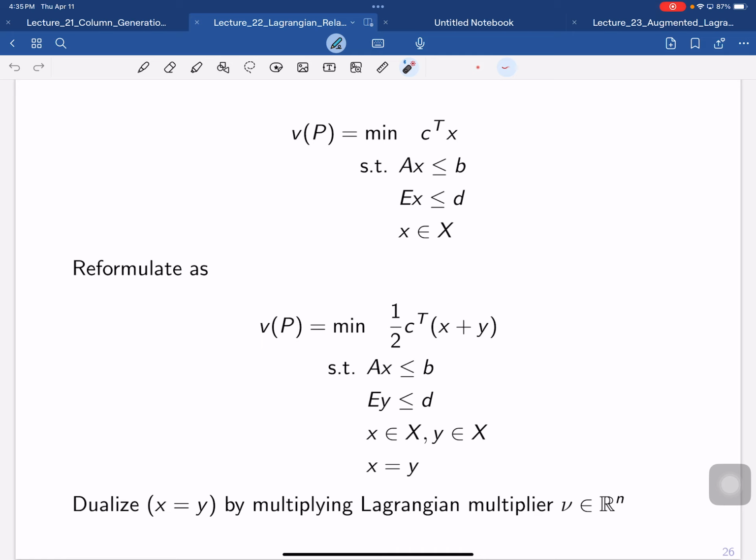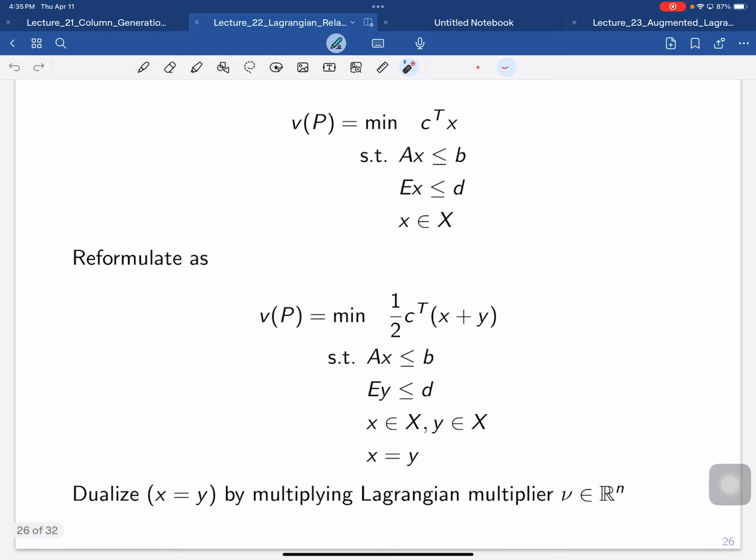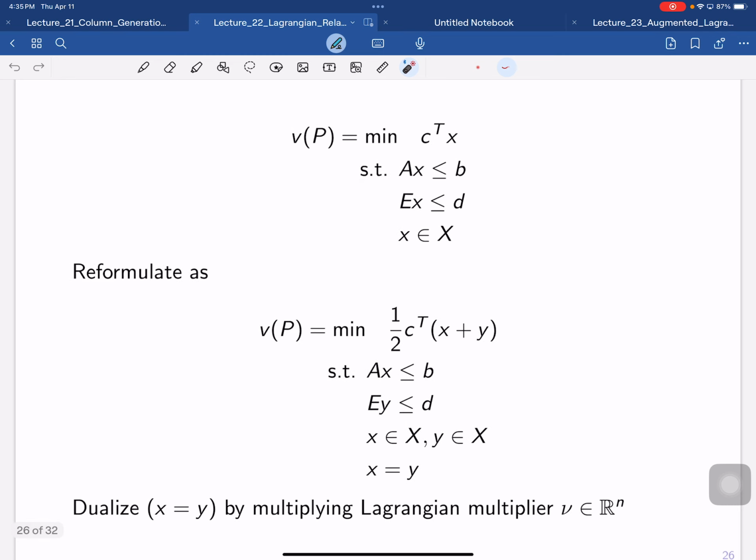You just want to duplicate the variables and then make them satisfy the two sets of constraints respectively. Okay, so with that, I hope everyone is clear that these two problems are equivalent to each other. You just duplicate a variable and then you add a simple constraint saying x equals y.